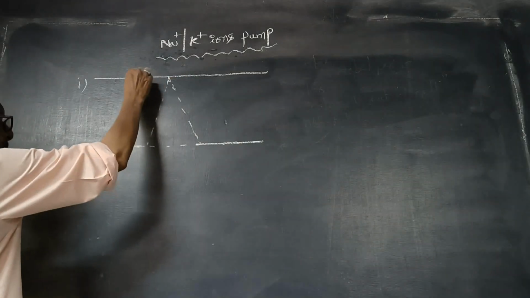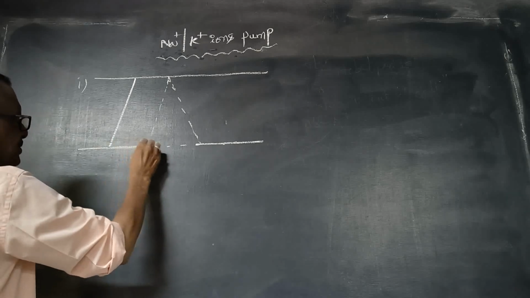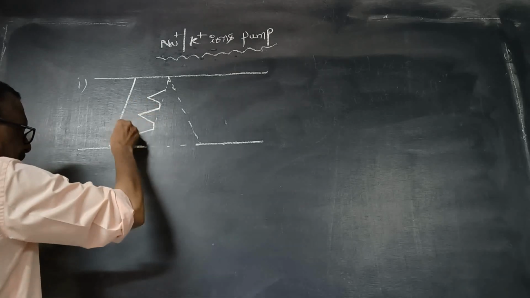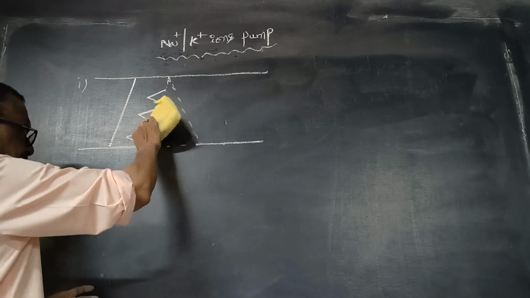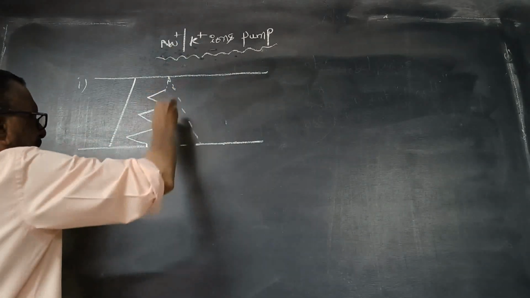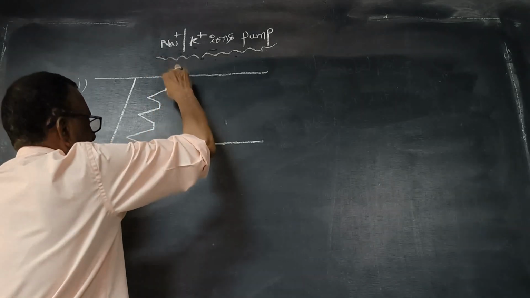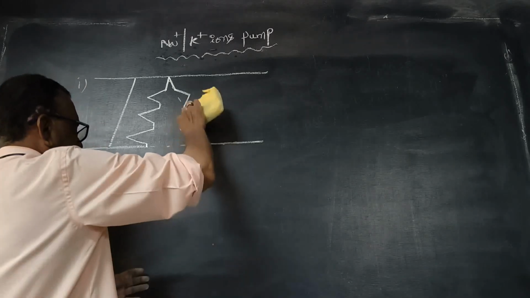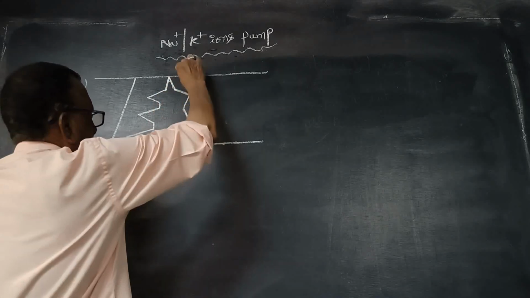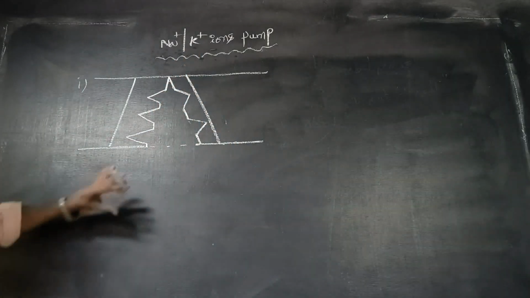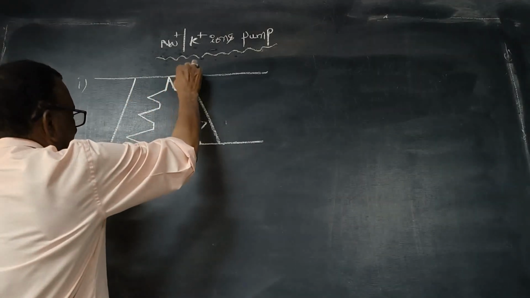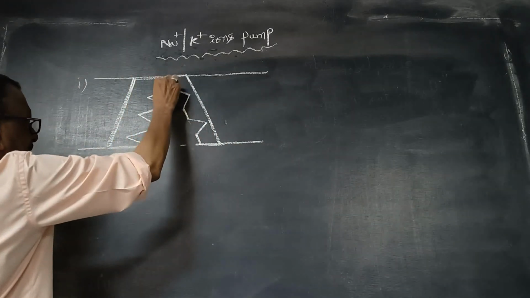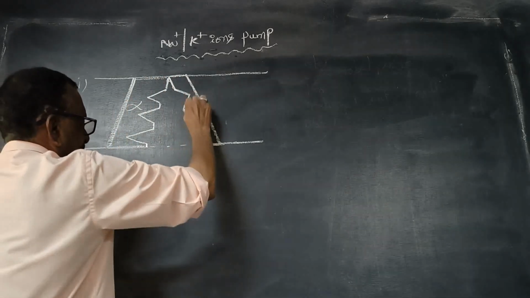Okay. Now draw lines. So this is small in size, whereas this one is large in size. This is the alpha unit and this one is the beta unit.